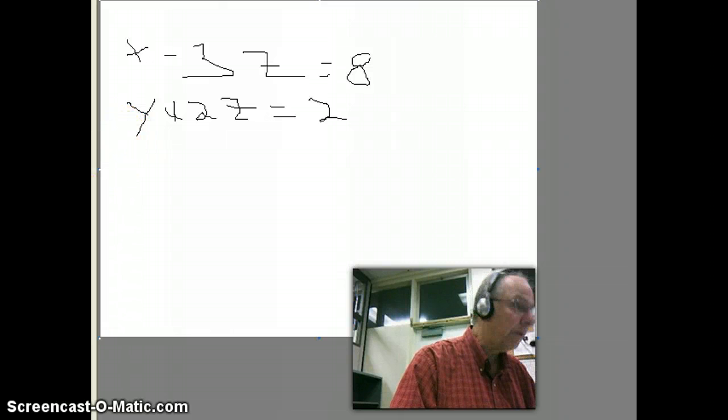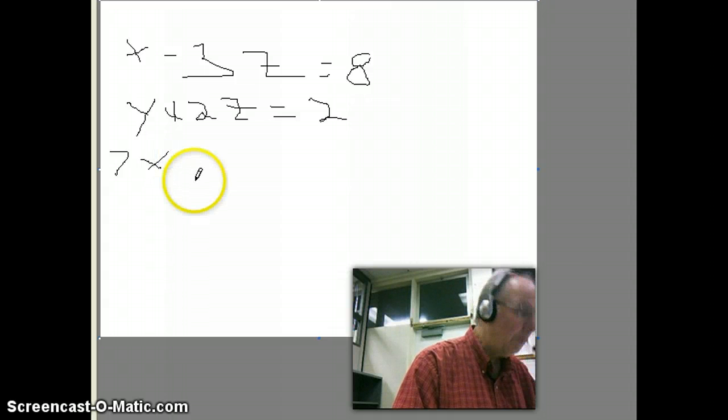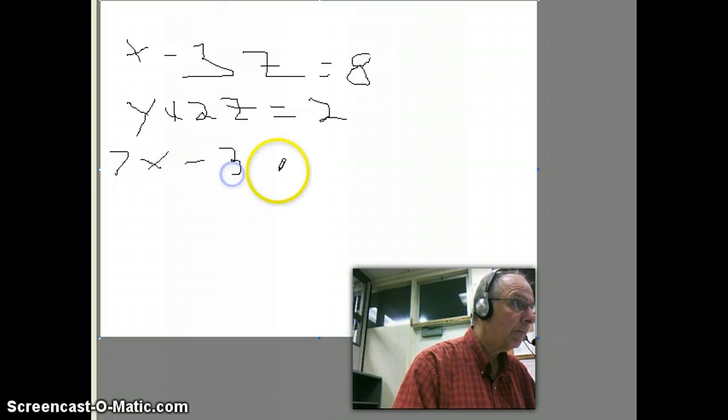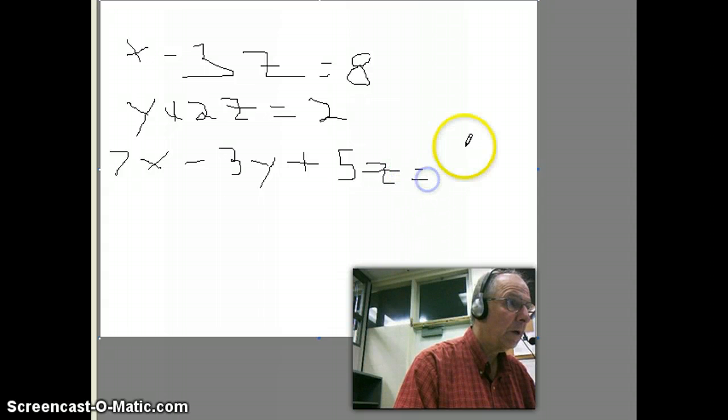And then 7 times x minus 3y plus 5z equals 6. So this is kind of known as a system of equations.